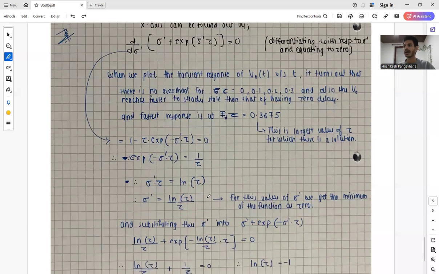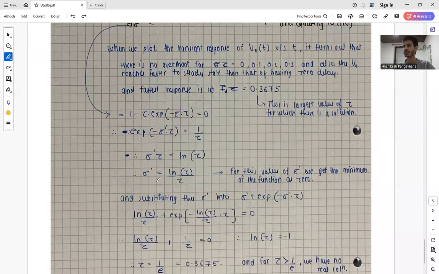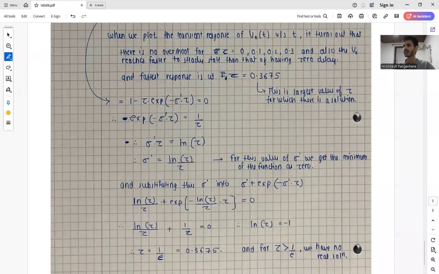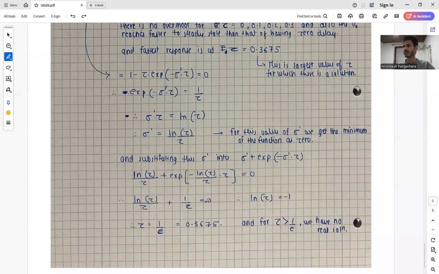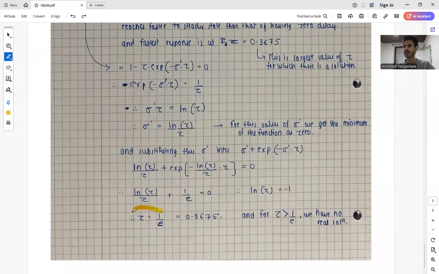And when we substitute this value of sigma prime into our main equation, we will arrive at such an equation where, when we solve for it, our tau comes out to be 1 by e, whose value is 0.3675.